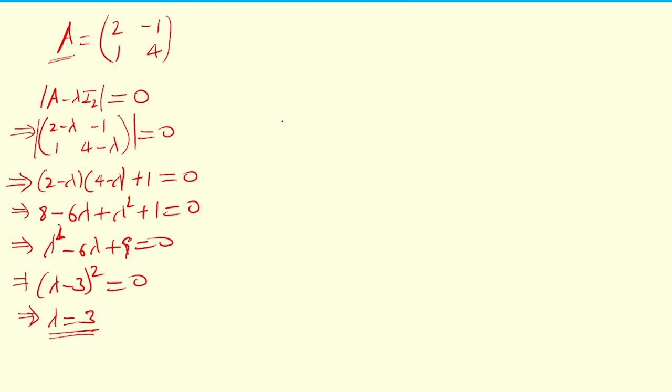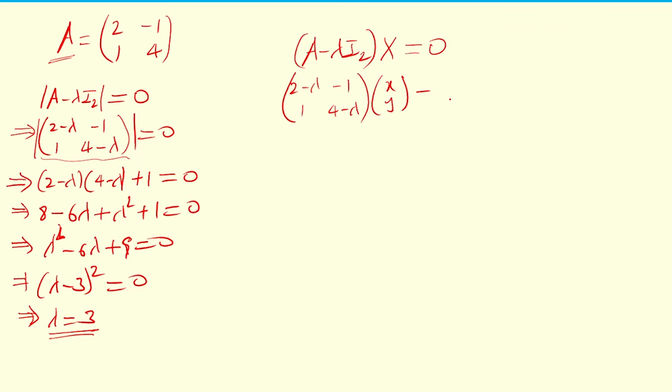Then what are the corresponding eigenvectors? We know A minus lambda I2 times the two-dimensional vector x is equal to 0. Let x be (x, y). So this matrix A minus lambda I2, here we have 2 minus lambda, minus 1, 1, 4 minus lambda, times (x, y) is equal to 0.